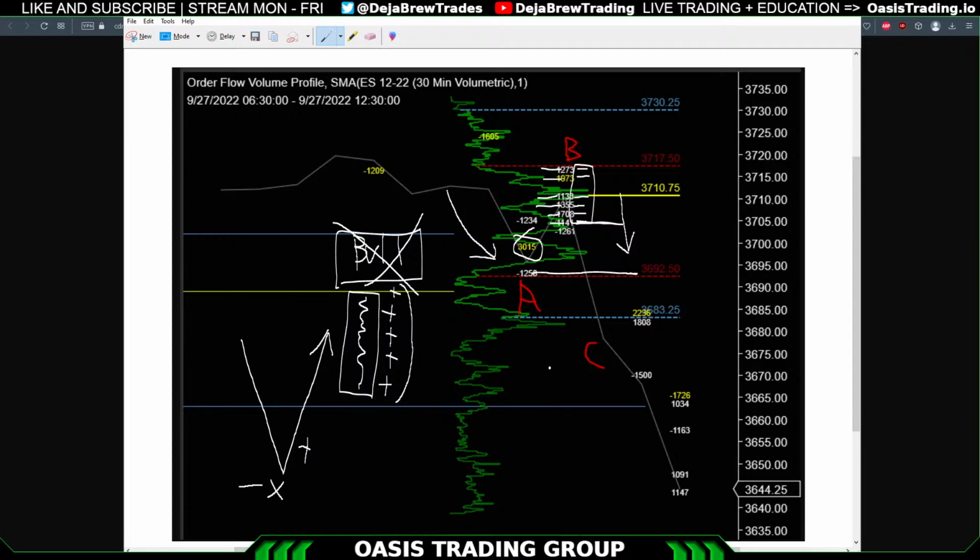The more contracts that you have in that one 30-minute session on that imbalance, the higher the likelihood of a squeeze if you are losing that value. Because there is about 8,000 contracts there, that is very high for a 30-minute candle like that.